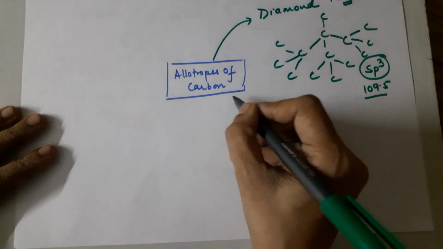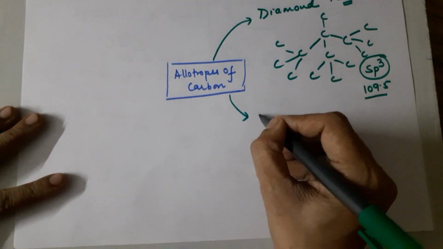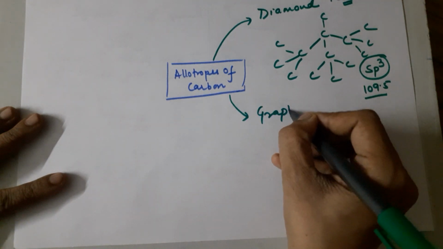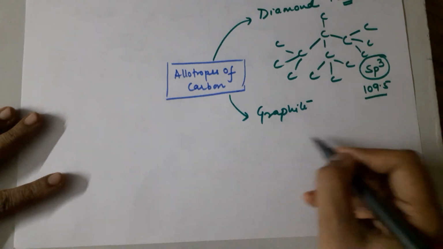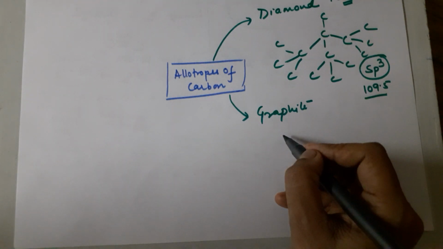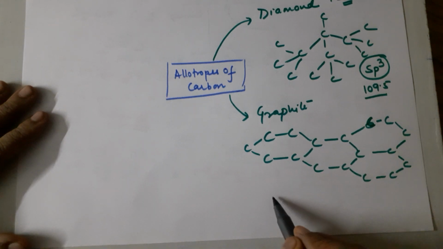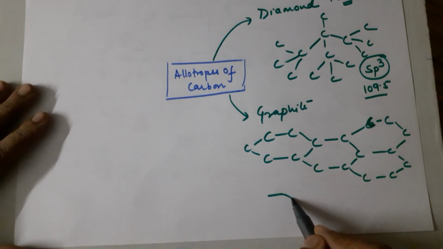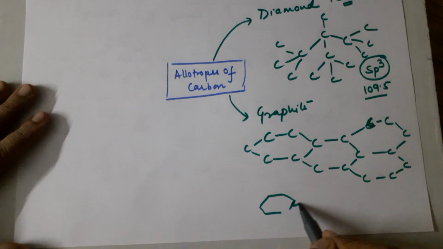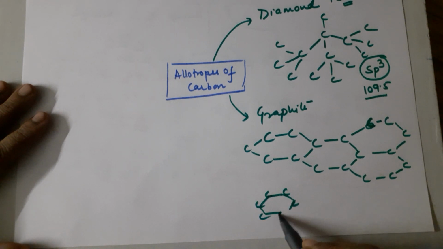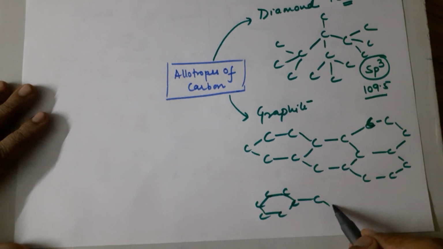Also beyond this, the second allotrope is graphite. How is graphite different? In case of graphite, the structure is like this. It has a layered structure like this, followed by another layer at the other end. So because of these layered structures, each carbon only has 3 bonds.